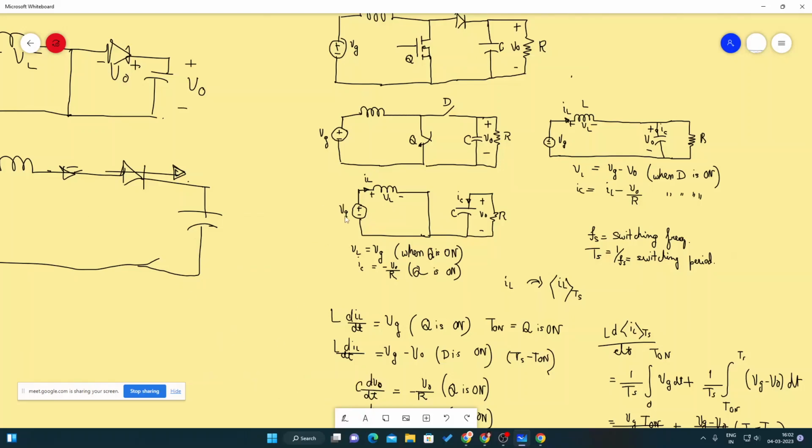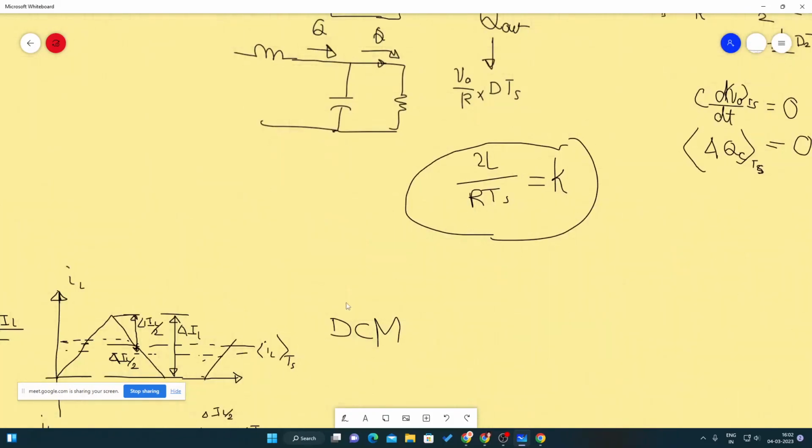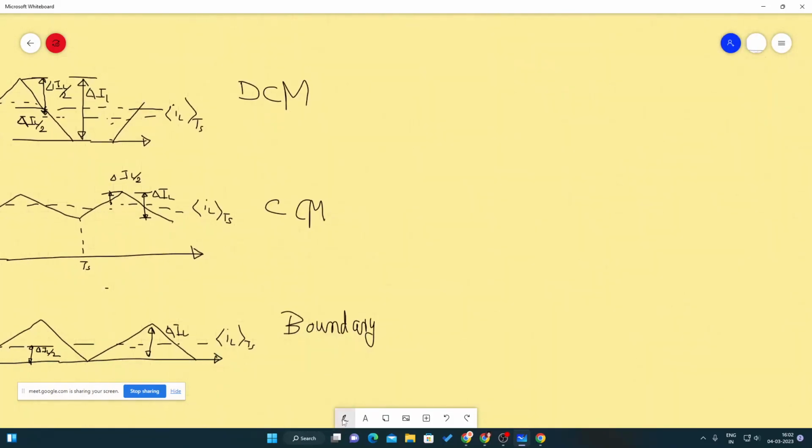Yes, sir. Okay, go ahead. MOSFET ID current, the drain to source current. ID current is equal to K into VGS minus V threshold whole square. I want the derivation. Oh, you want the derivation. I don't remember the derivation properly, but you can get it in any analog electronics book.